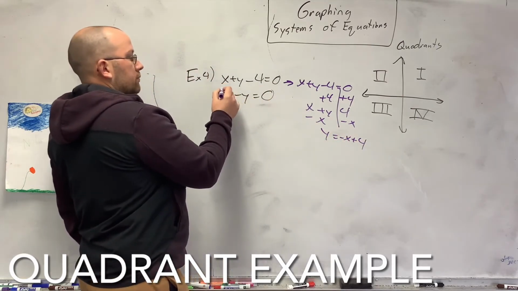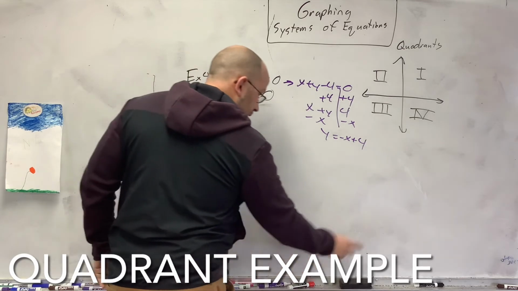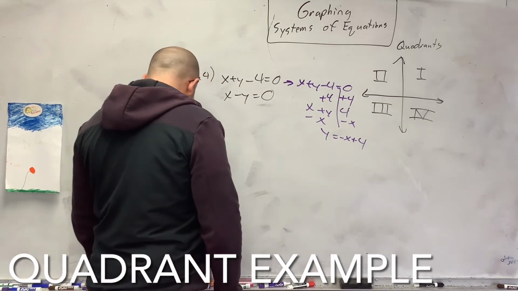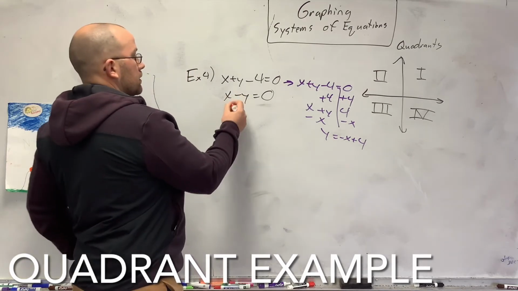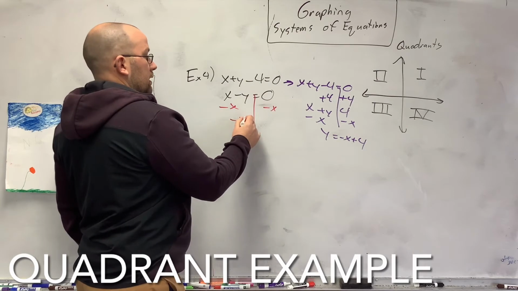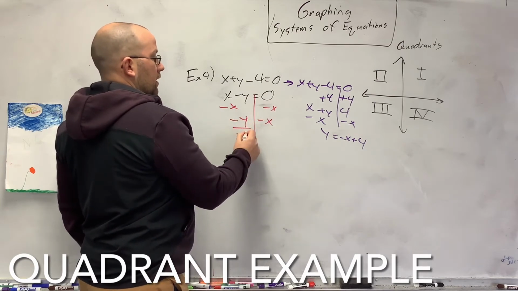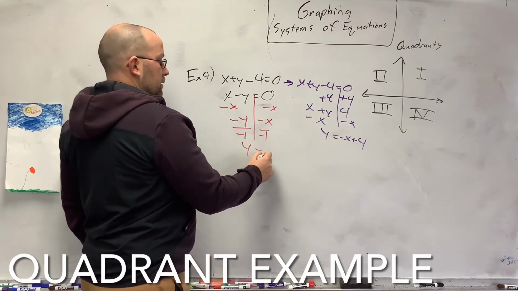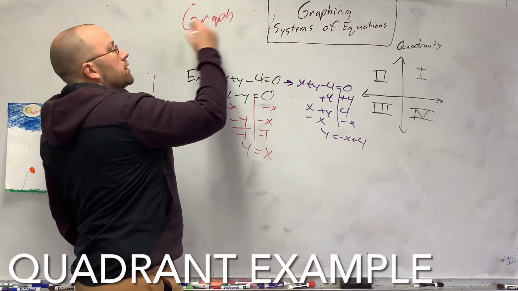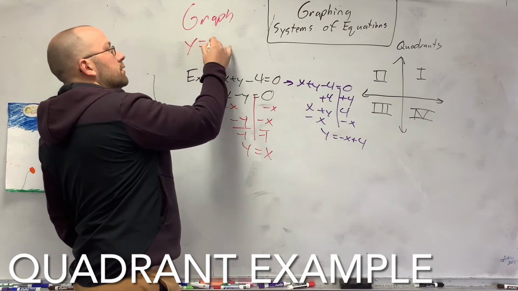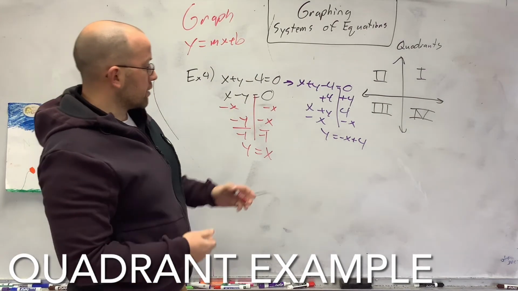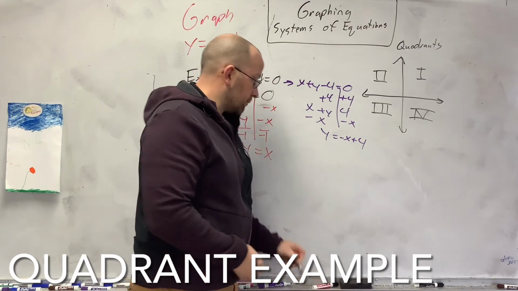All right. Now I'm going to graph this one in red. So subtract x. Negative y equals negative x, divided by negative 1, divided by negative 1. So whenever you graph a linear equation, it has to be in slope-intercept form. You cannot graph if it is not in that form. So both of these are now in slope-intercept form.